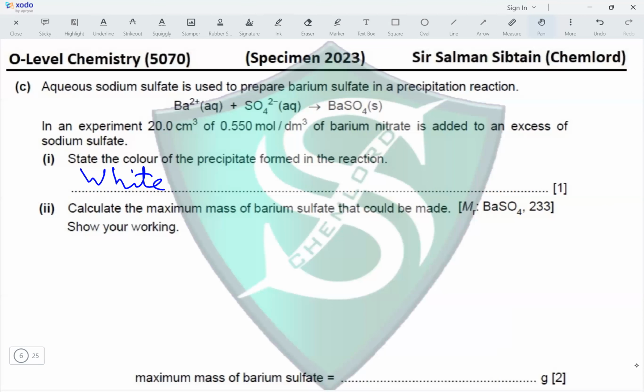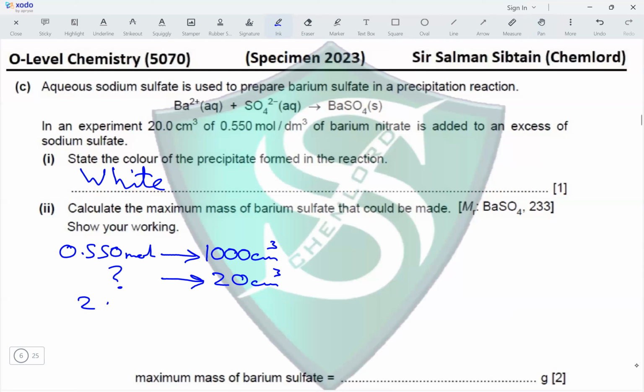The concentration is 0.550 mol/dm³, and 1 dm³ is equal to 1000 cm³. So we have 0.550 moles present in 1000 cm³, out of which we have only taken 20 cm³. So we need to find out the number of moles in 20 cm³.